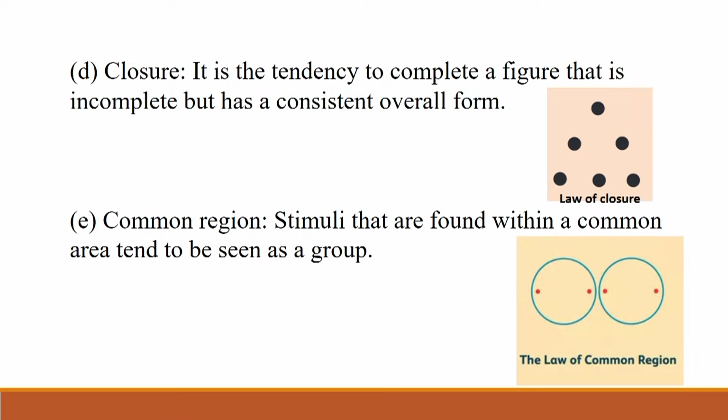Then the fifth one is common region. Stimuli that are found within a common area tend to be seen as a group. So there are two dots in one circle and two dots in another circle. The two dots in one circle, we will perceive them to be together, as part of a group.